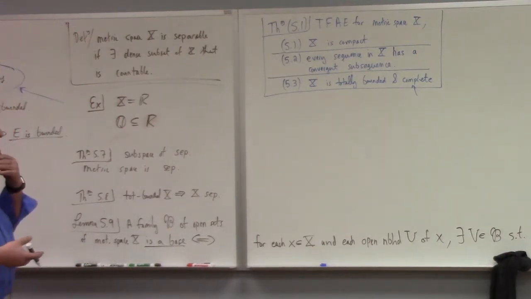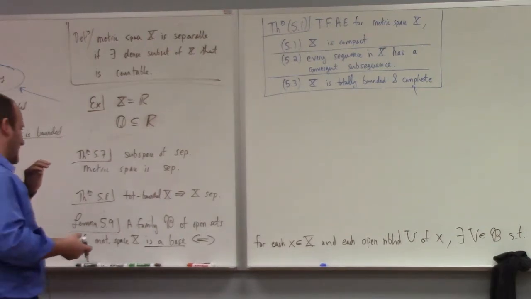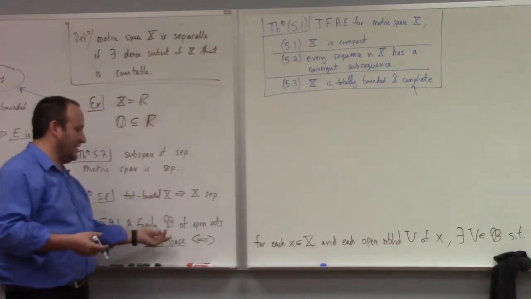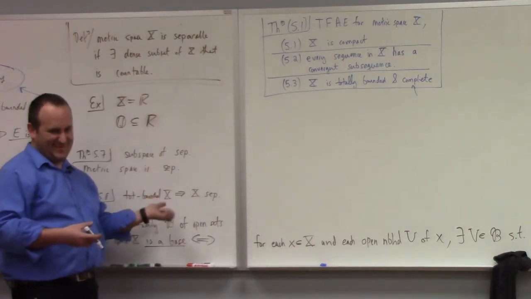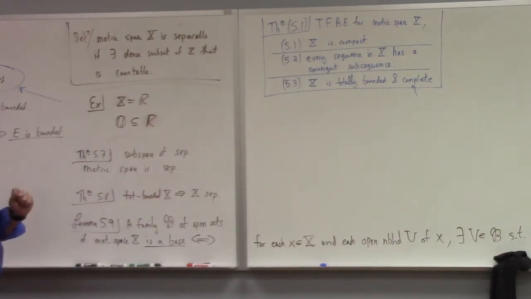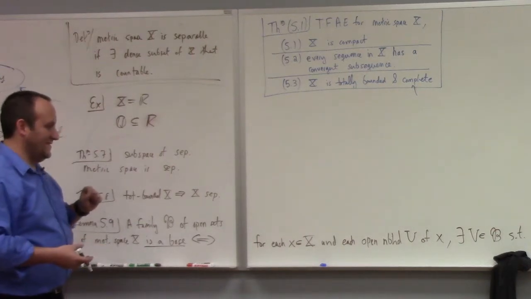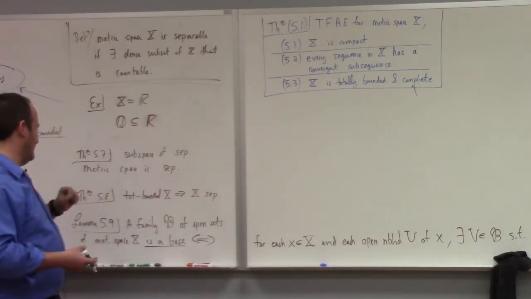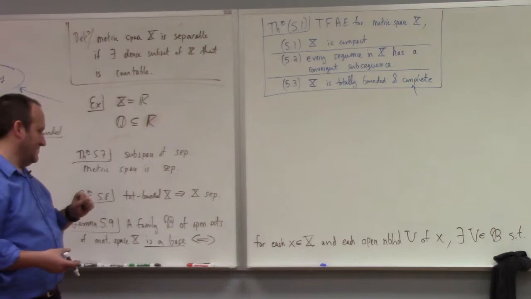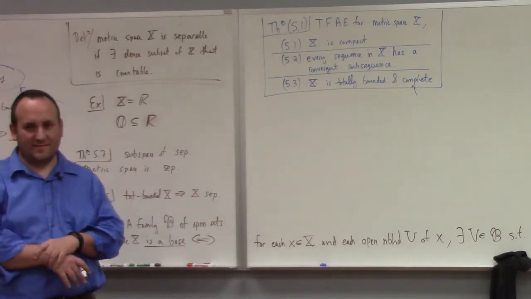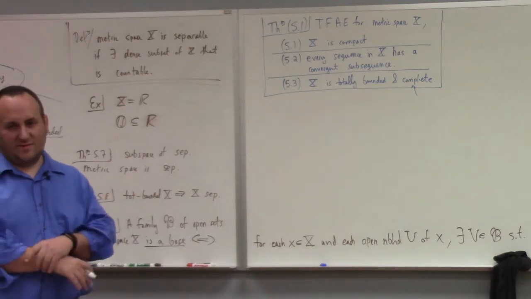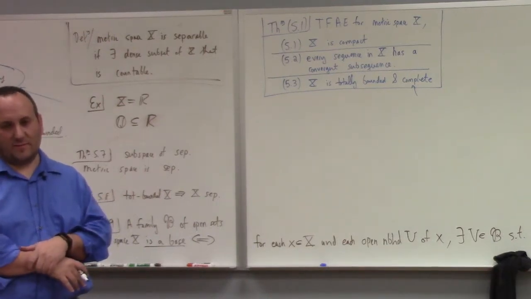So I think if something's in this base, it's called a neighborhood. Just an open set which contains the point. That's probably it.